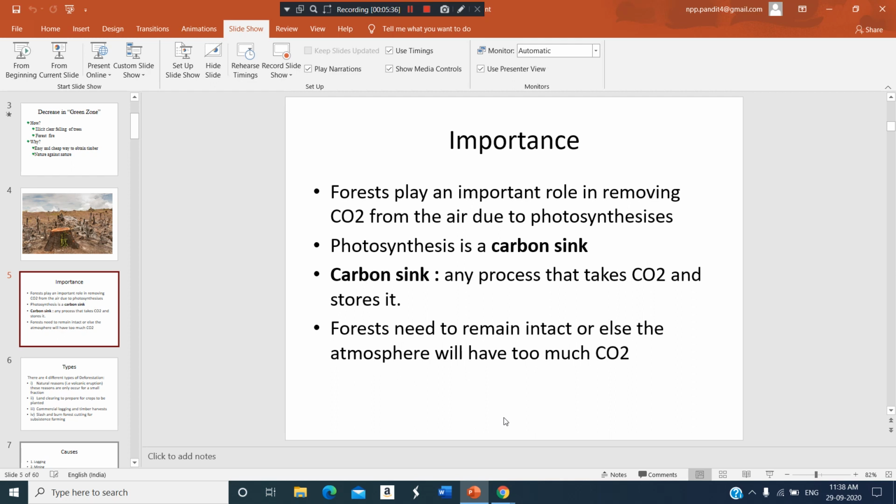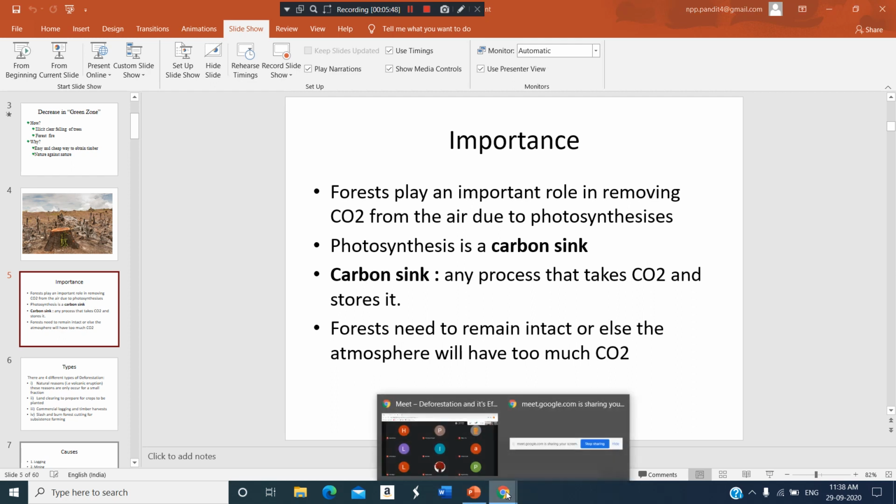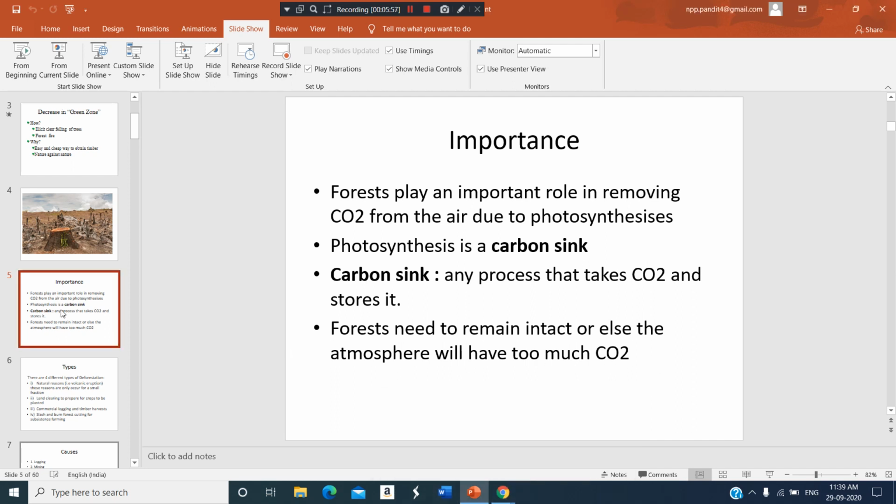So in the body this carbon gets incorporated. That's why if the forest remains, only then will we have carbon dioxide sinkage and the release of oxygen. Otherwise that will be totally different.